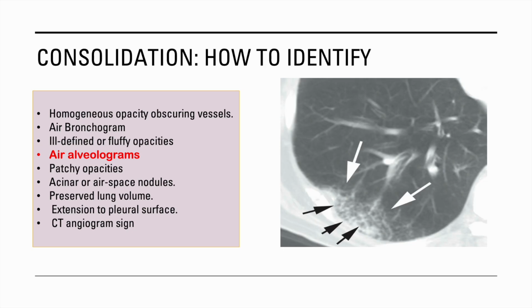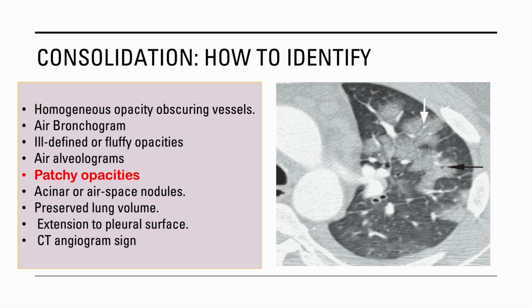Consolidation can present as patchy consolidation and can involve a pulmonary lobule or a group of lobules. In this CT image, some lobules are consolidated while others appear normal. You can see central lobular arteries and bronchi clearly within the affected lobules.